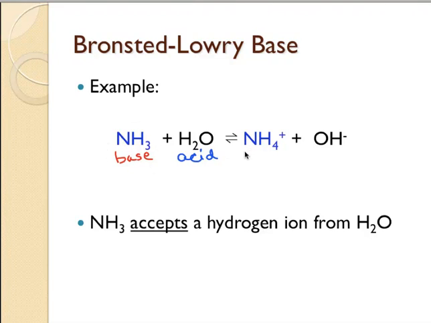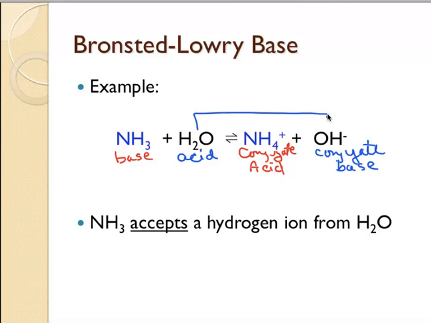It looks like NH4+, so this must be its conjugate acid. And that makes the hydroxide here the conjugate base. So these are a pair, and the ammonia and the ammonium are the conjugate acid-base pair.